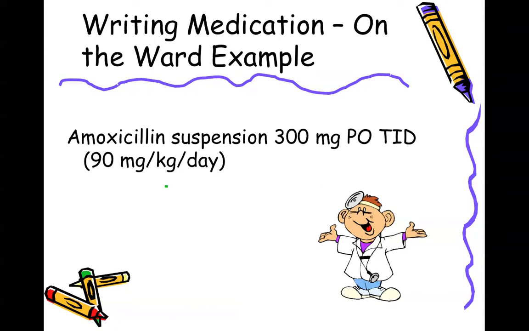While you would not be incorrect to write the prescription as 250 milligrams PO TID, which would get you to 75 milligrams per kilogram per day, we usually dose this a little bit on the higher range, between 75 and 90. So that is why this is what I would prefer as the answer.